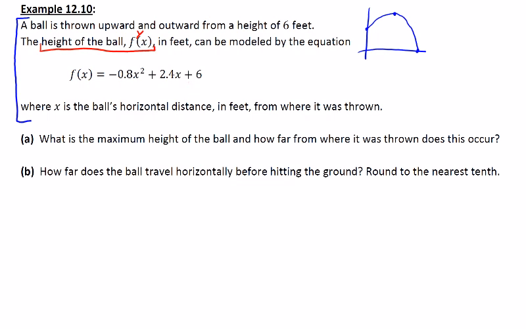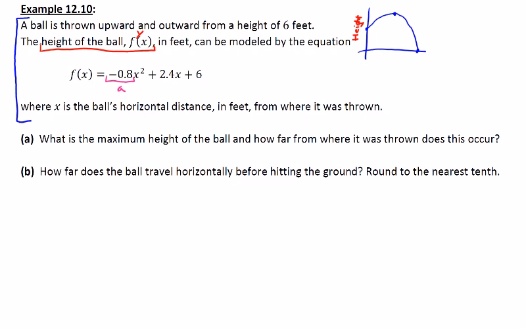So on my little graph here, that would mean that this is height on the y-axis, and it says that the height can be modeled by the equation, and then here's the equation. And notice that in this equation, the a value is negative. Since a is negative, that means the parabola should open down, which is precisely what we drew.